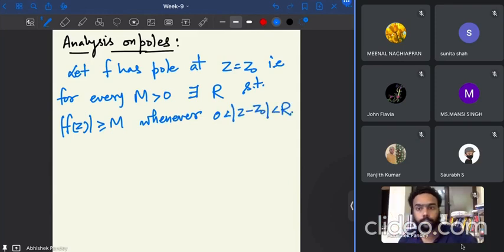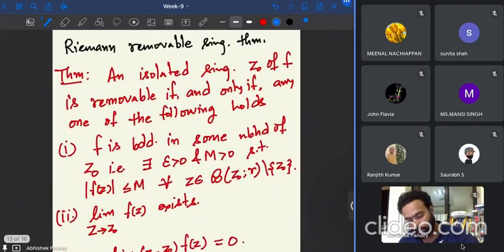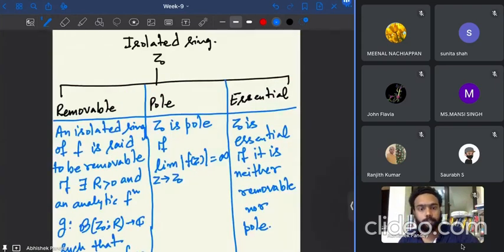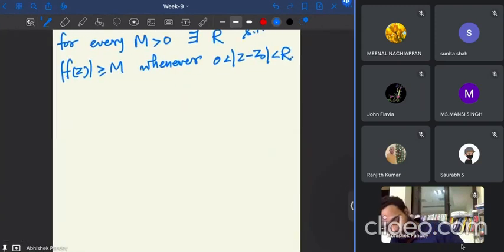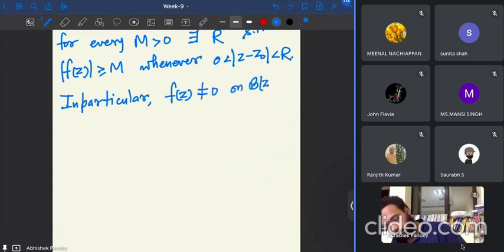This is what we mean by the limit of mod f(z) tending to infinity as z tends to z naught. In particular, f(z) is not equal to 0 on this deleted ball.